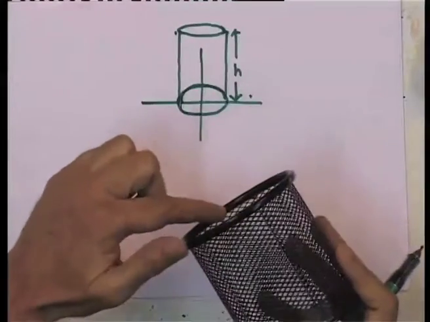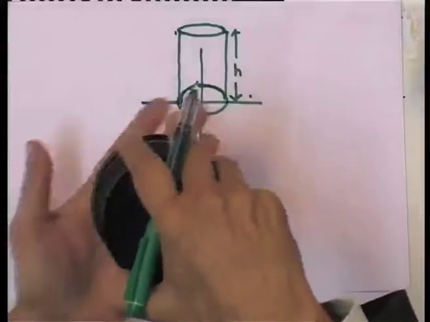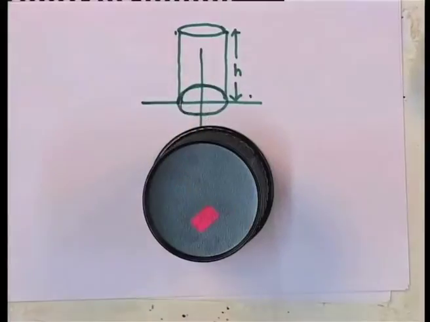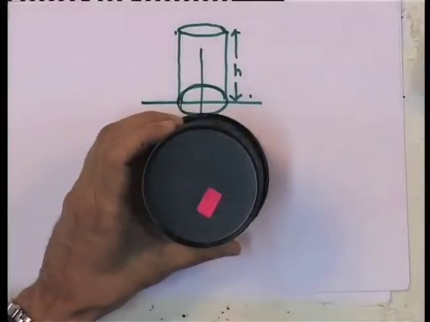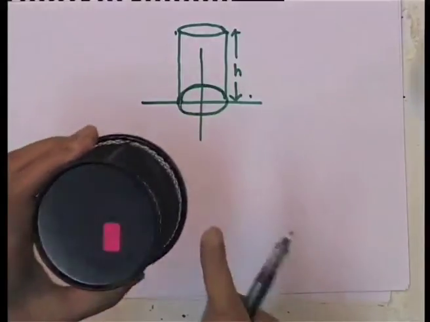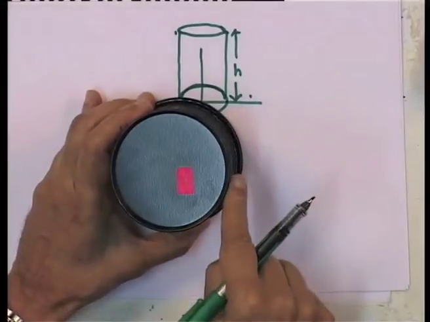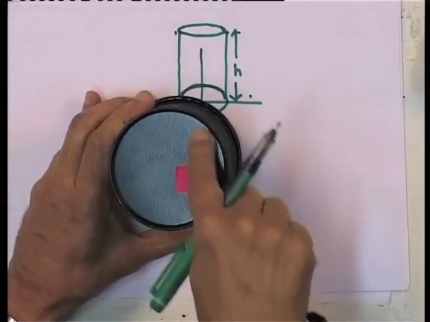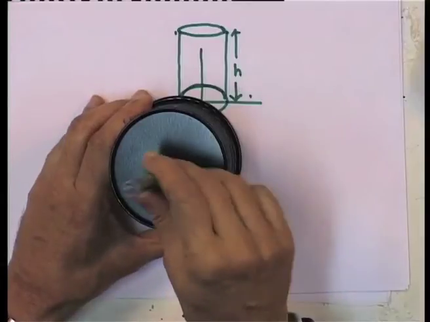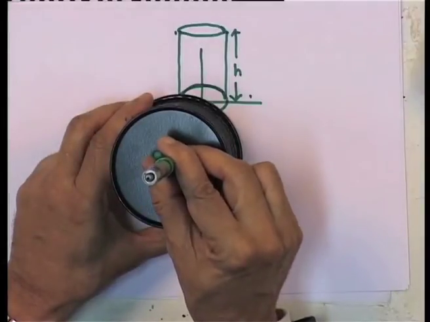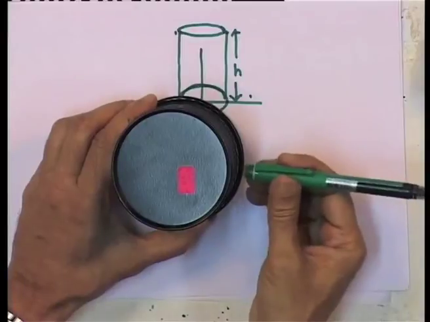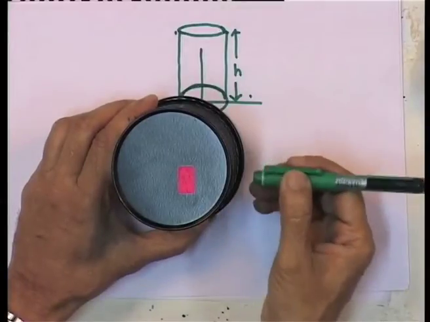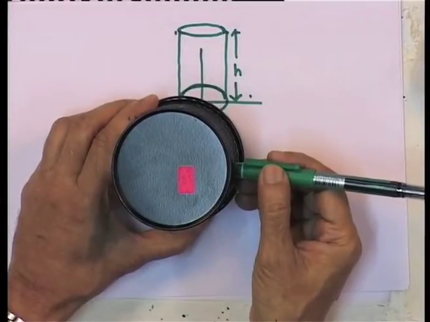Supposing this is in the xy plane, then I have a height h along the z direction. Now, there is this top cap. The perpendicular to the top cap is along the k direction, and the perpendicular to the curved surface is along the radial direction.